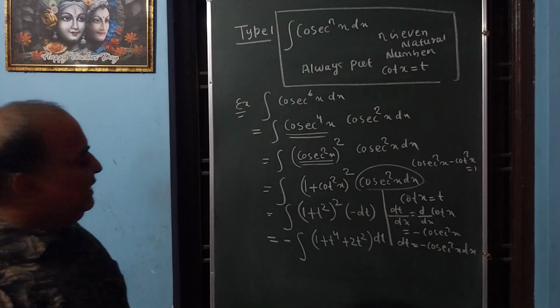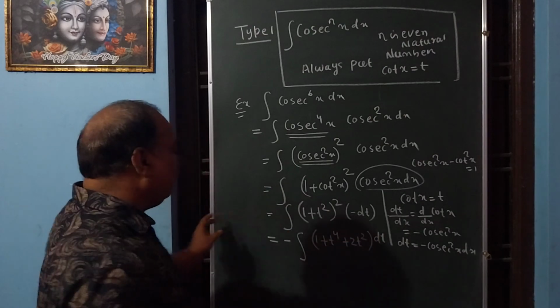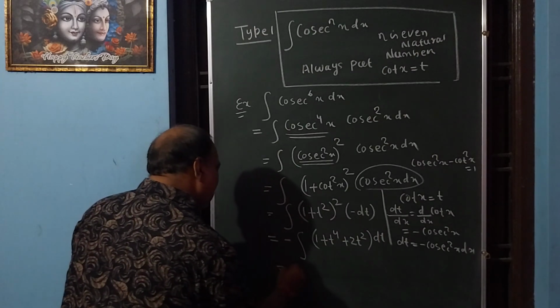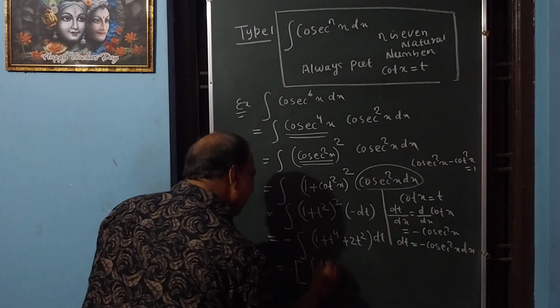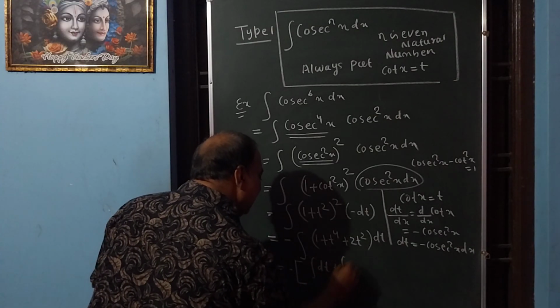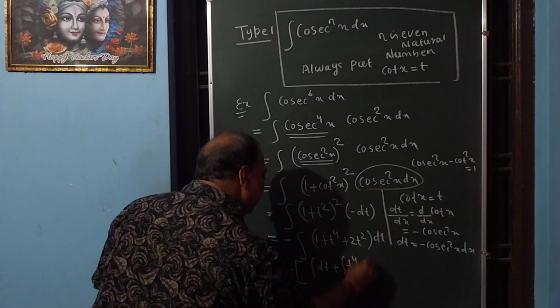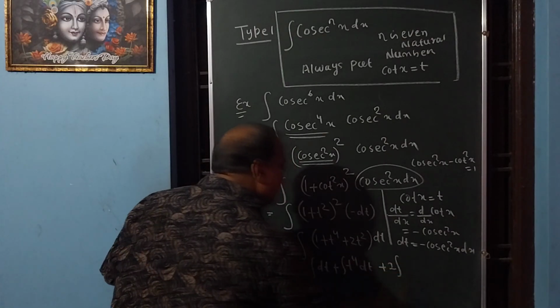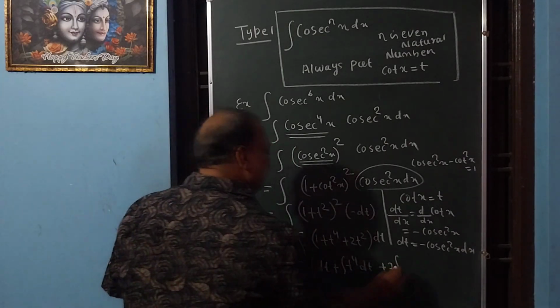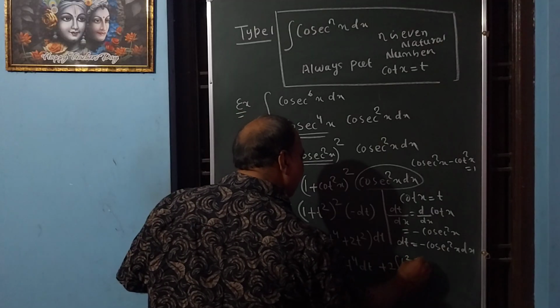This can be written as integration of dt plus integration of t to the power 4 dt plus 2, a constant that comes outside, integration of t square dt.